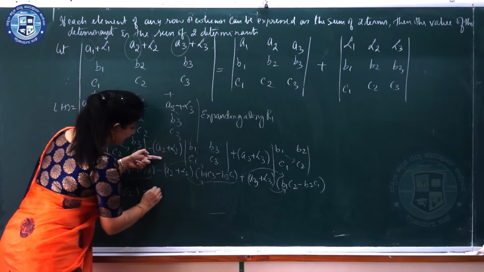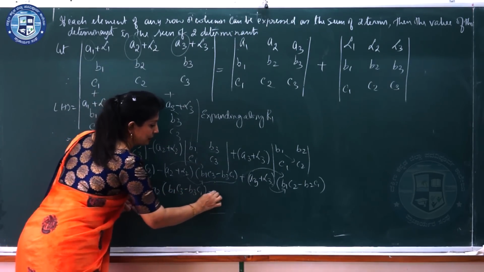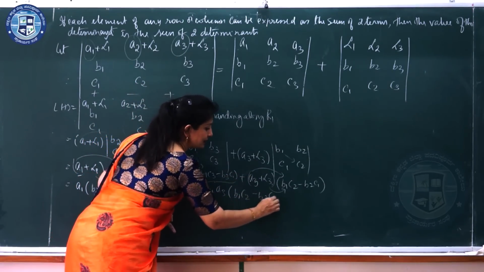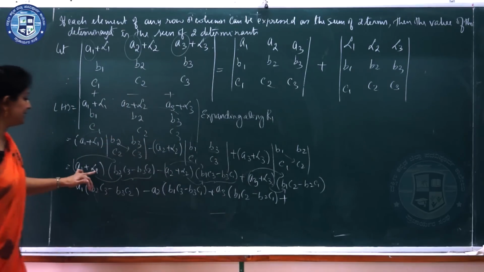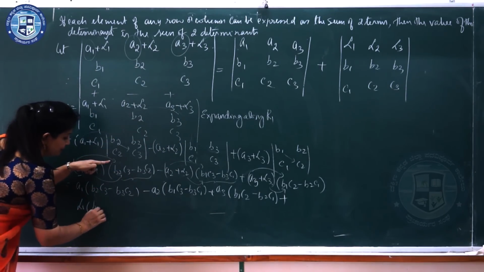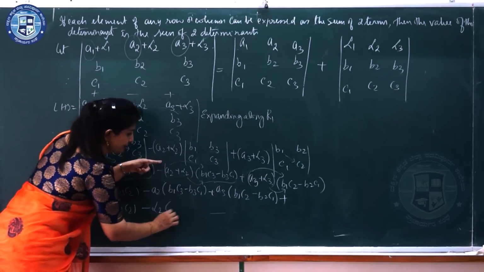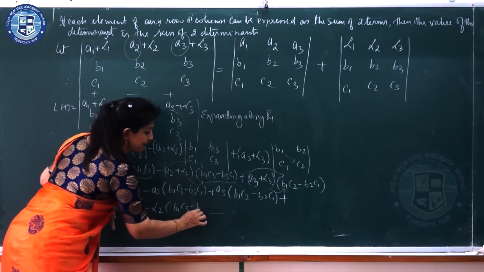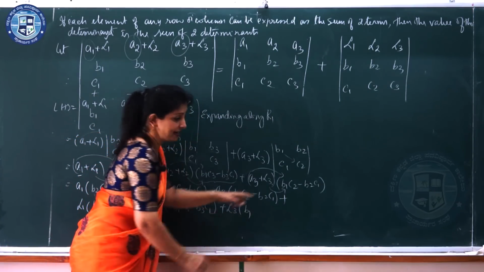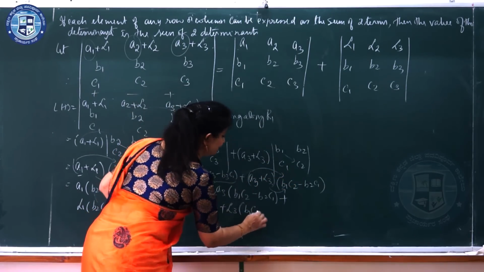Minus A2 into B1 C3 minus B3 C1, plus A3 into B1 C2 minus B2 C1, plus, now multiply alpha 1 with this: alpha 1 into B2 C3 minus B3 C2, minus alpha 2 into B1 C3 minus B3 C1, plus alpha 3 into B1 C2 minus B2 C1.